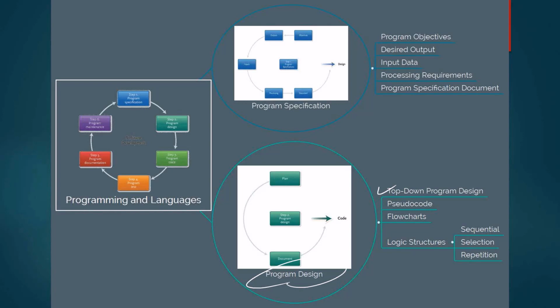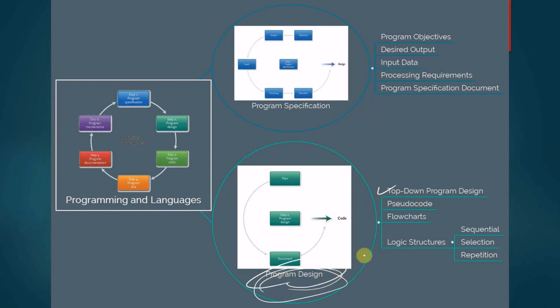Top-down program design identifies the program's processing steps. These steps are known as program modules, where each module is made up of logically related program statements. And this is one of the techniques used in program design.